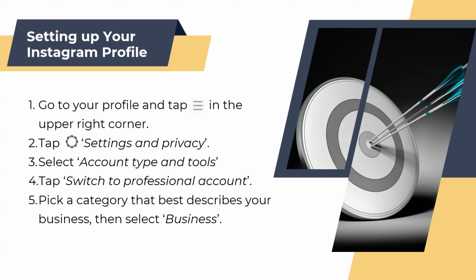Can you go back? Settings and privacy. And then from there, you'll select account type and tools. And it's on the PowerPoint if you can read it. You can read it right here. Okay. I don't know if it's too small for you. From there, tap switch to professional account. Yes, account type and tools. I can come over. Maybe it's a business account.